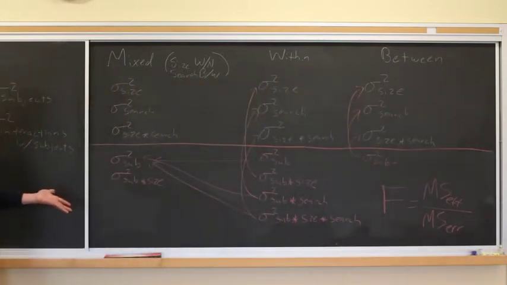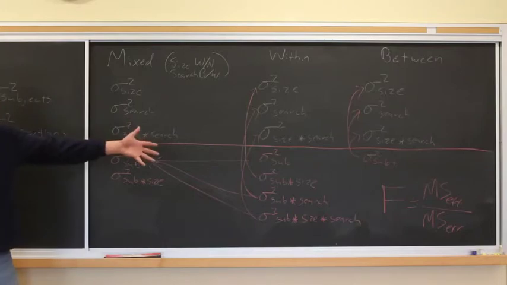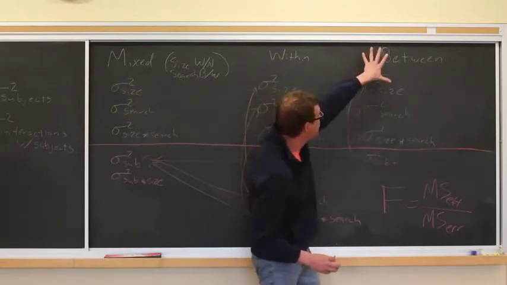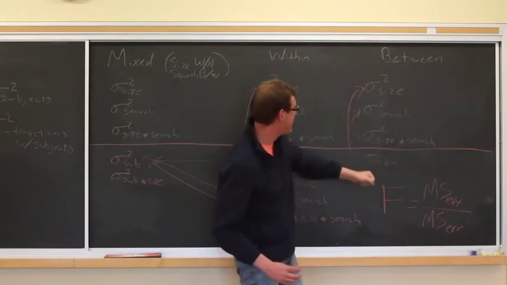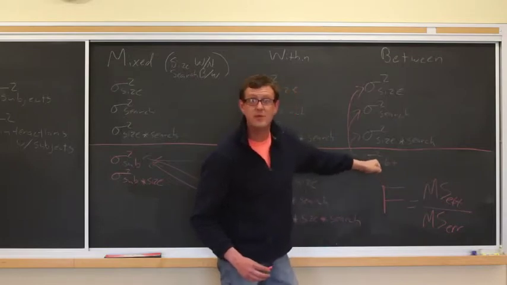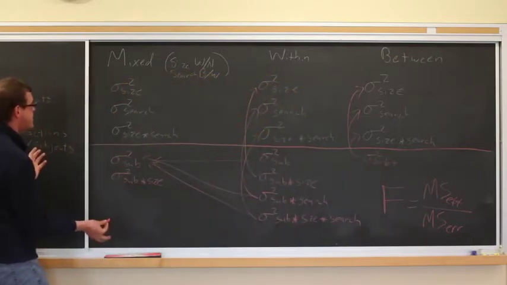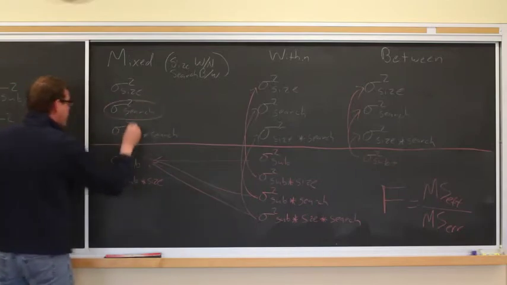So in this situation, how do we use these error pieces to run our ANOVAs? Over here, when we have the variables that are varying between subjects, we just use the subject variance. So which of the variables varies between subject? Well, that's this one right here, right?